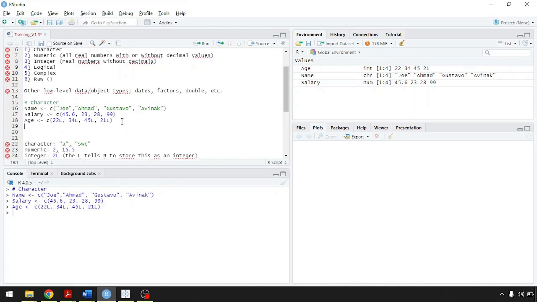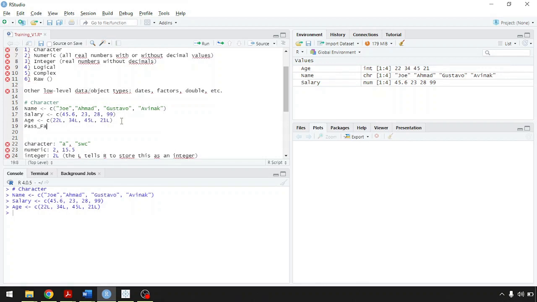The next one is logical values. Again, it depends on what industry or domain you come from. They're also called dichotomy or true and false. There are too many terminologies used for it, but in R they're called logical. A good example could be, let's say, gender, or pass or fail.